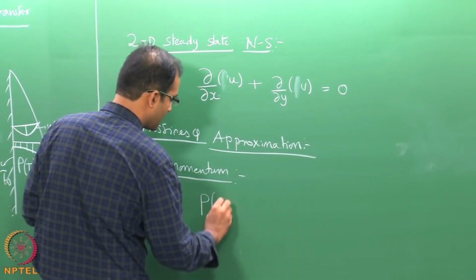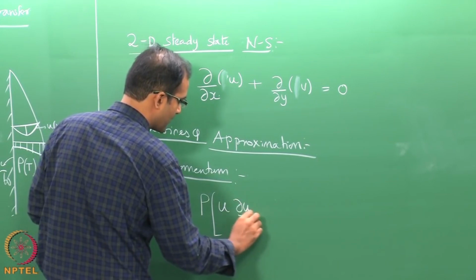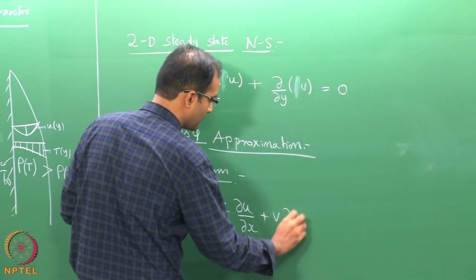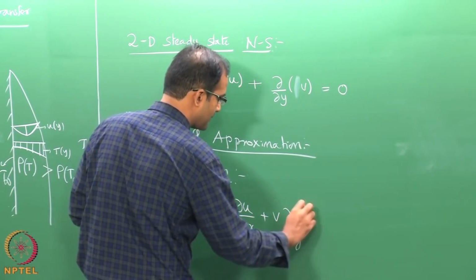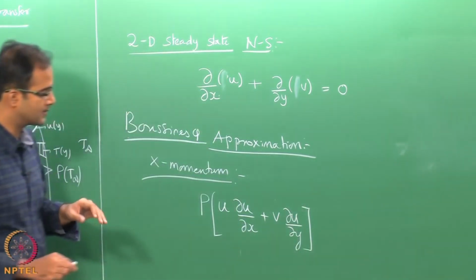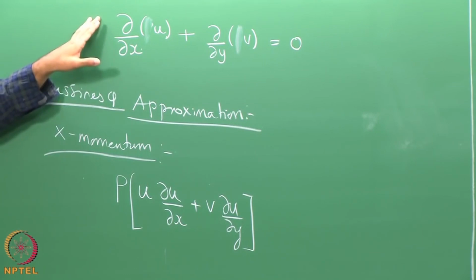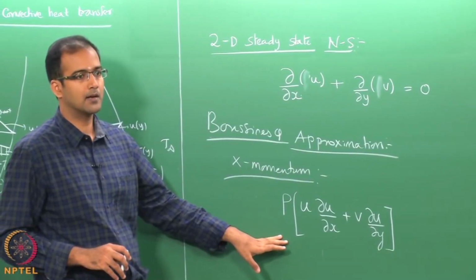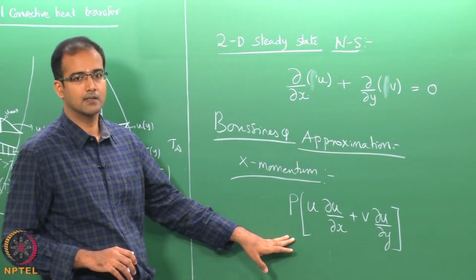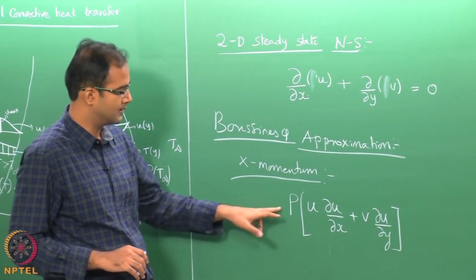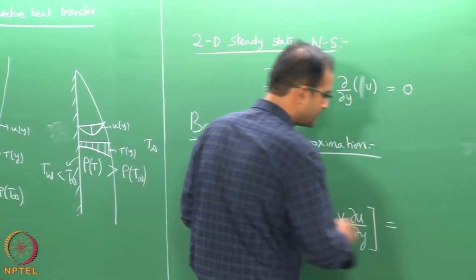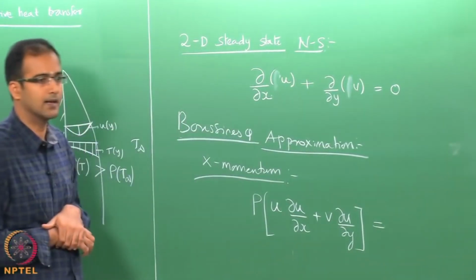So, rho of u du by dx plus v du by dy, this is your convective term. According to the Boussinesq approximation, both in the continuity equation and in the convective acceleration part of the momentum equation, you can take density to be a constant. So, this is equal to, what are all the terms on the right hand side?